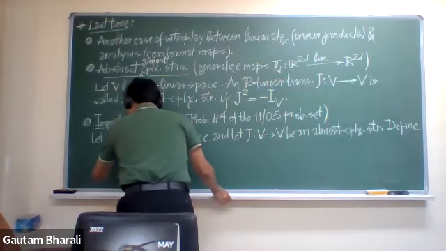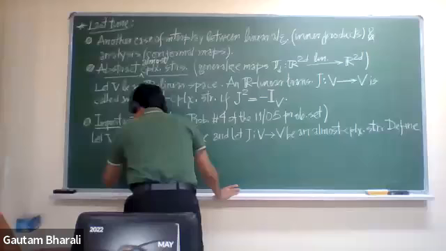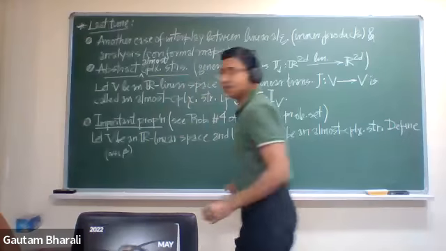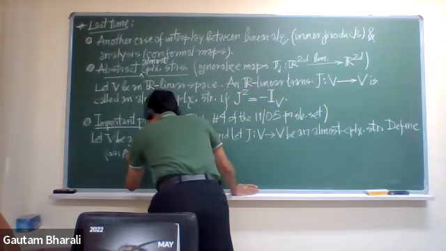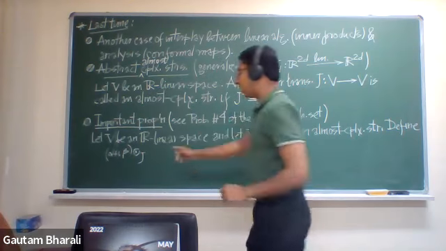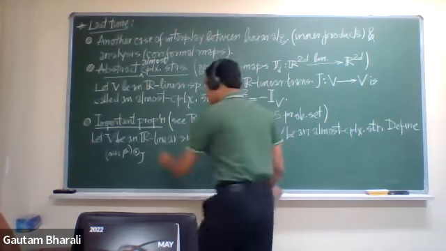So I'm going to define, for alpha plus i beta, a complex number, a new scalar multiplication in this funny way.